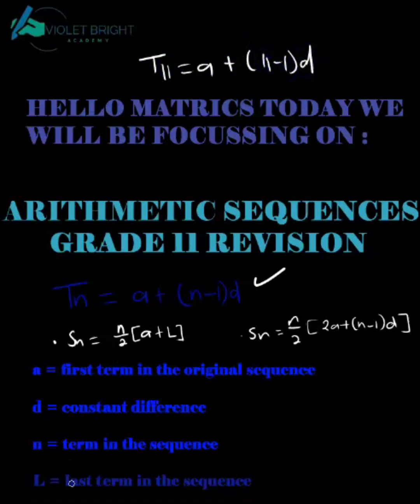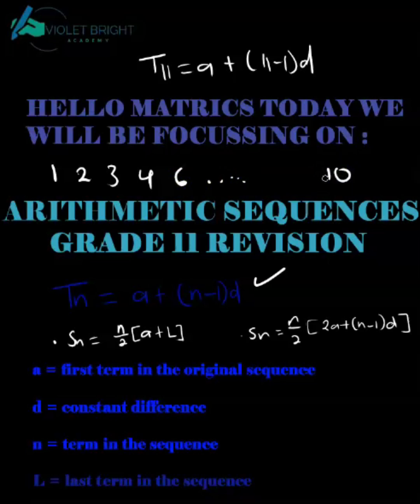So l here stands for the last term in the sequence. In most cases, they may give you a sequence, let's say 1, 2, 3, 4, 5, and the last term in the sequence is 10.